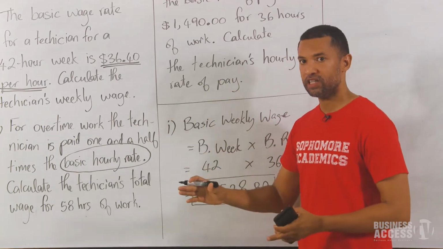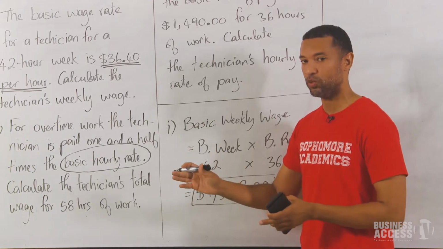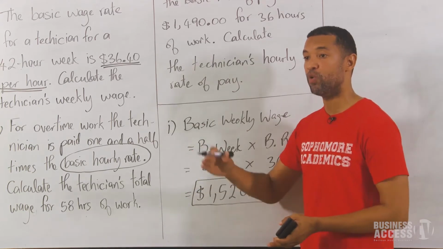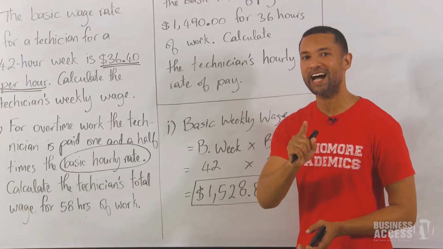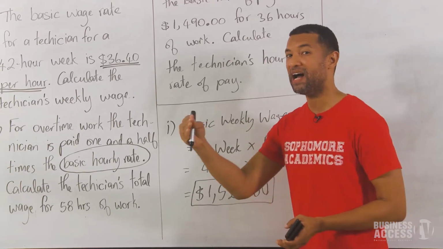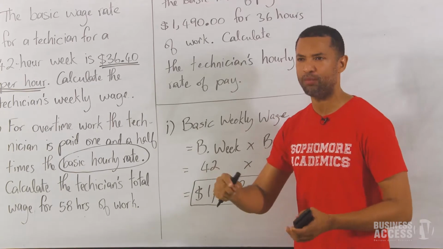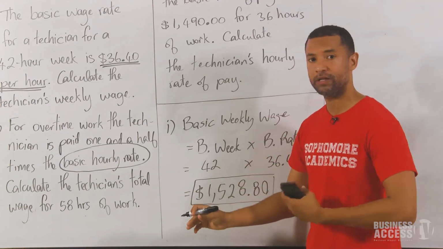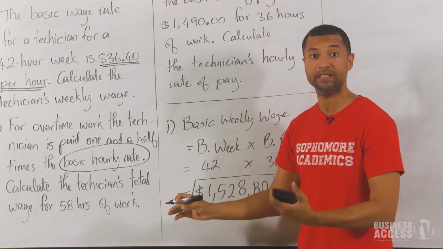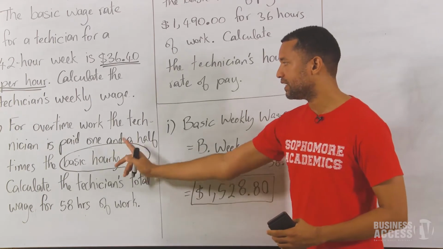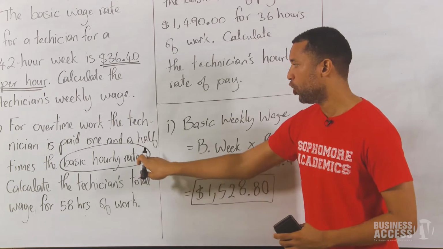This man's basic week is 42 hours, so anything more than that is overtime, and you get paid at a higher rate, 1.5 times your normal rate. We all know that you get paid higher. Sometimes it's 1.5 times, sometimes double, sometimes even triple. In this case, it's 1.5 times the normal rate.